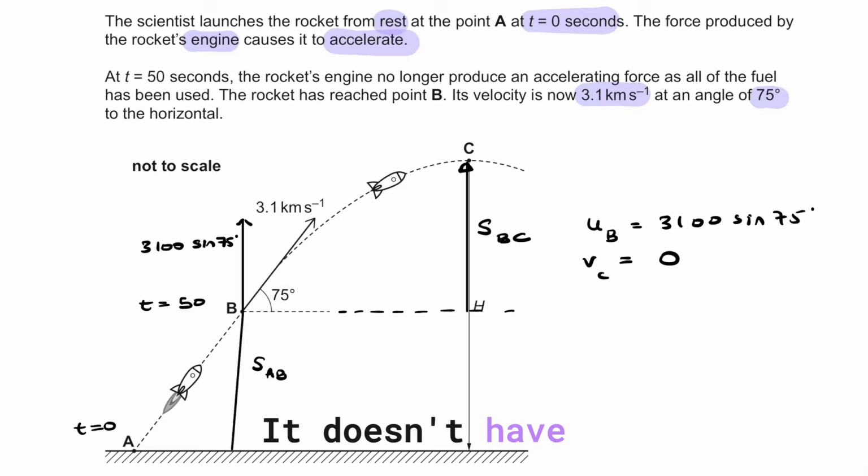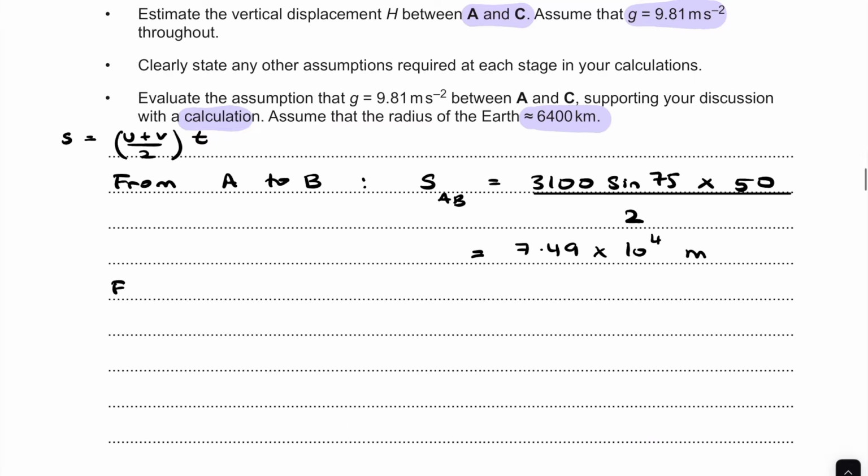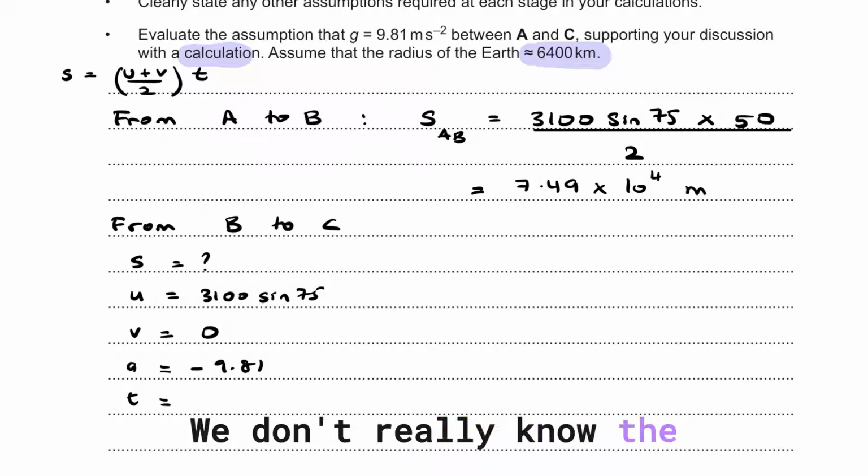It doesn't have a vertical component. So that's mainly it, and we can set up our suvat to work it out. From B to C in terms of suvat: U is 3,100 sine 75. V is 0. A is minus 9.81. We don't really know the time.